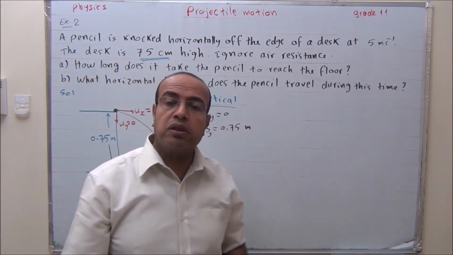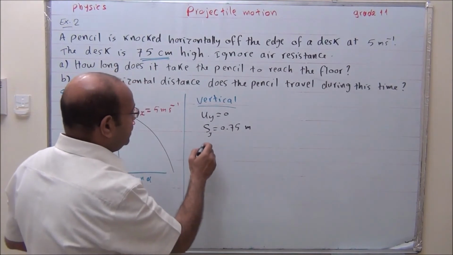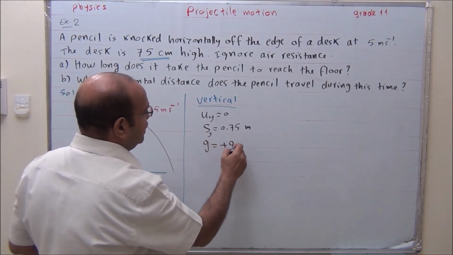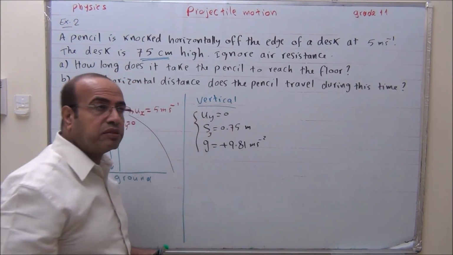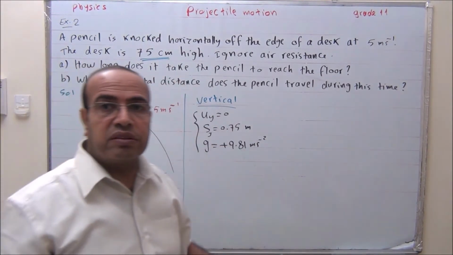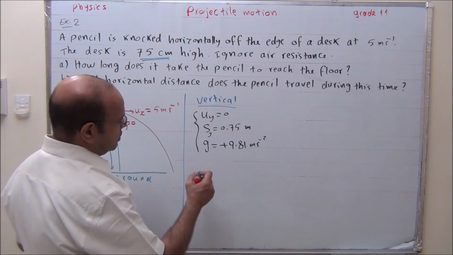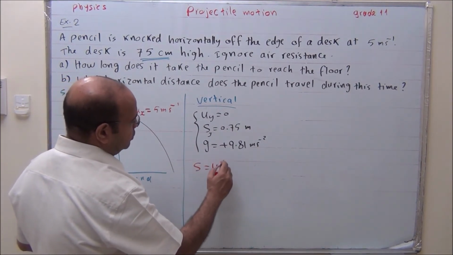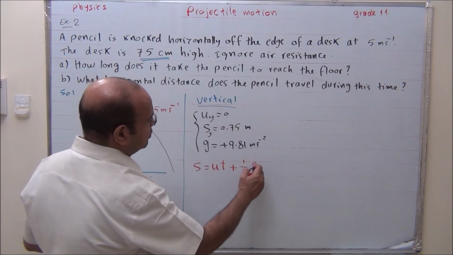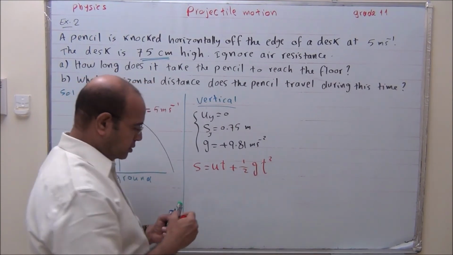It moves downwards, so g is positive. G equals a positive 9.81 meter per second squared. That is the given. What do we need? We need the time. So which formula do we use? We use this one: S equals ut plus half gt squared.